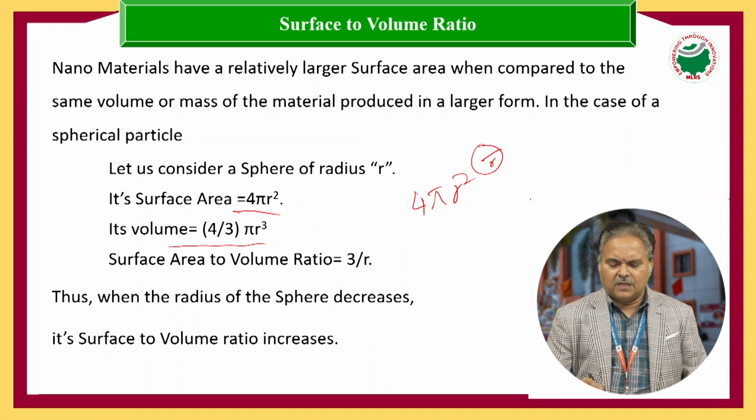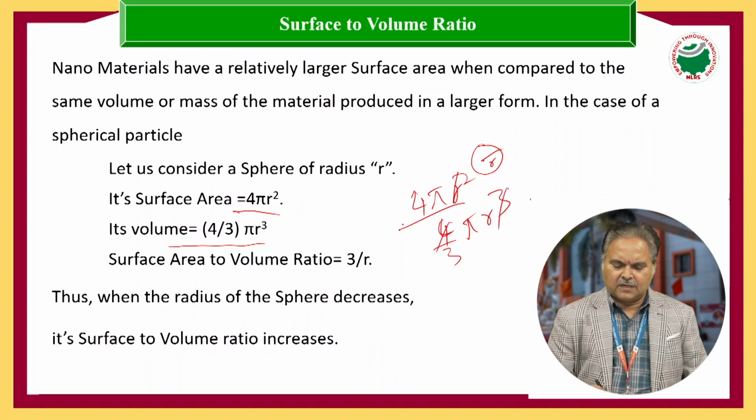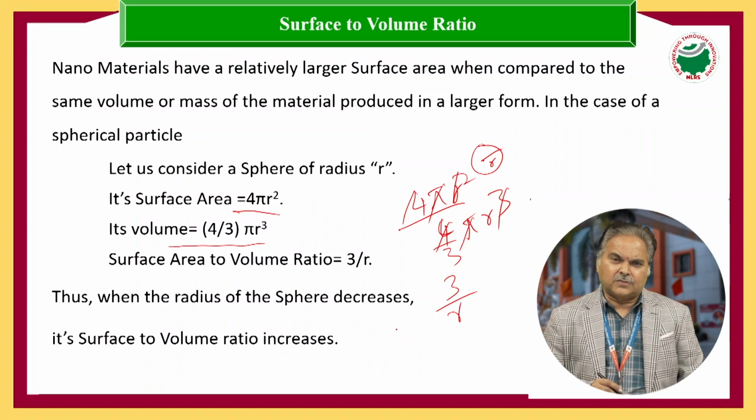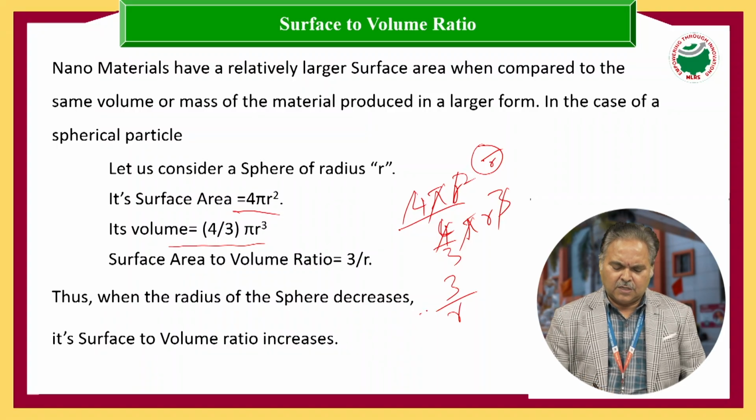If you take the ratio of surface area to volume, you get 4 pi r square divided by 4 by 3 pi r cube. The r square cancels, 4 cancels, pi cancels, and the 3 goes up, so the surface to volume ratio is 3 by r in a sphere.